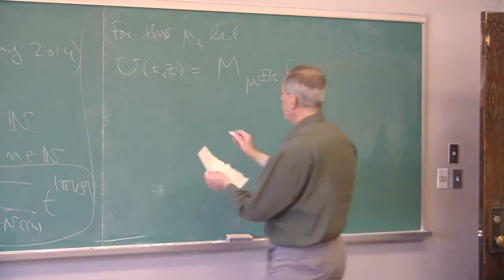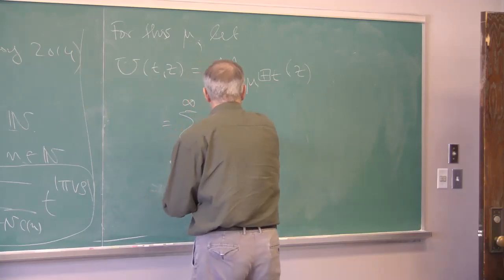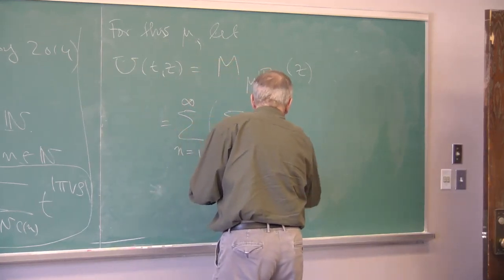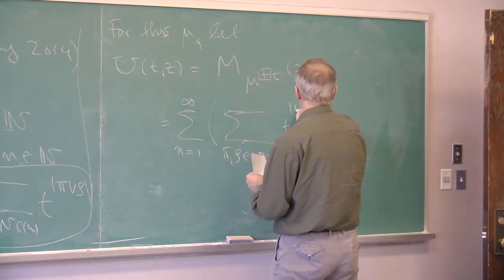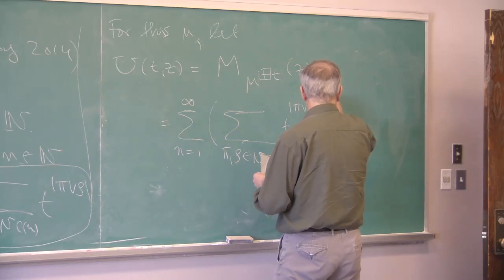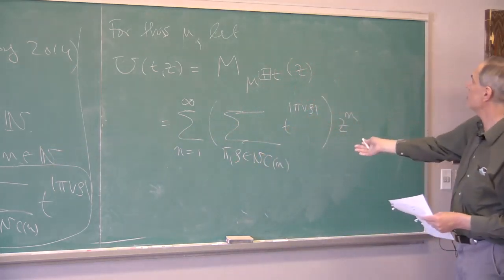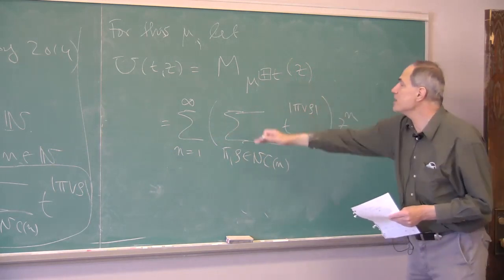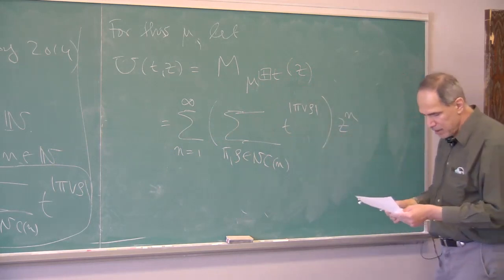It is the summation n from 1 to infinity, and here I must put the moment of order n, which I express with Bian de Hornoy, so it is t to the pi join rho, z to the n. This is a polynomial in t, so this is a series in z with coefficients polynomials in t.